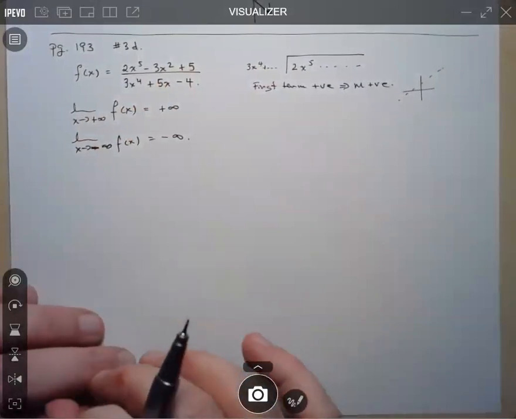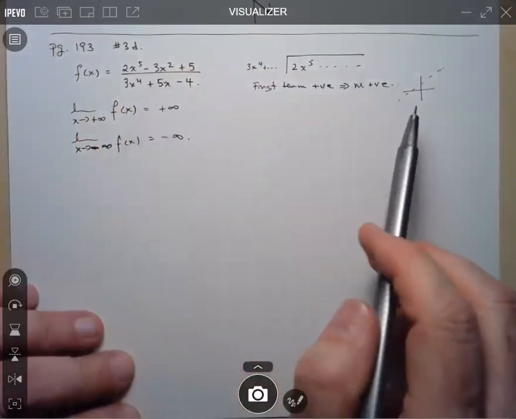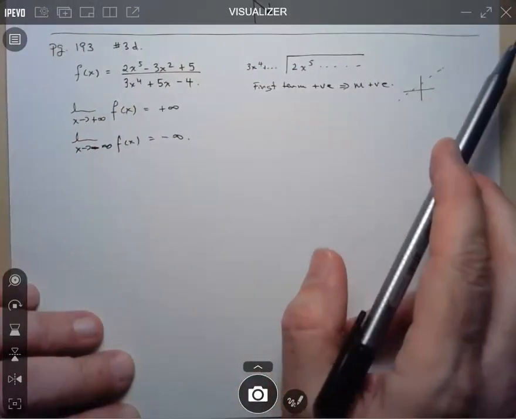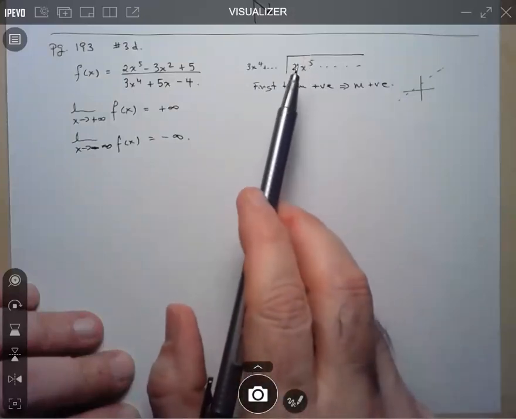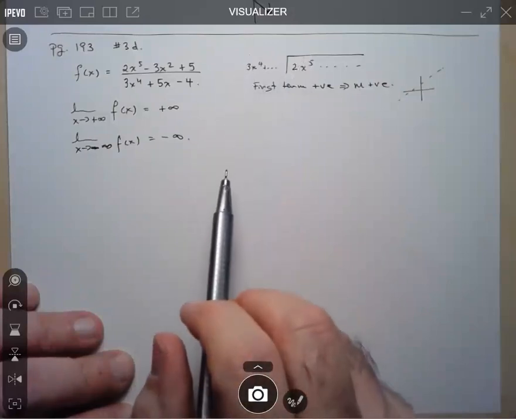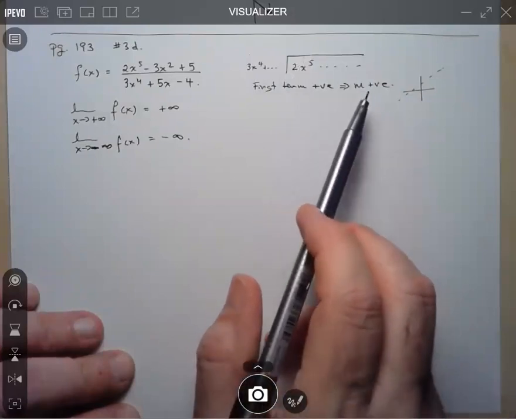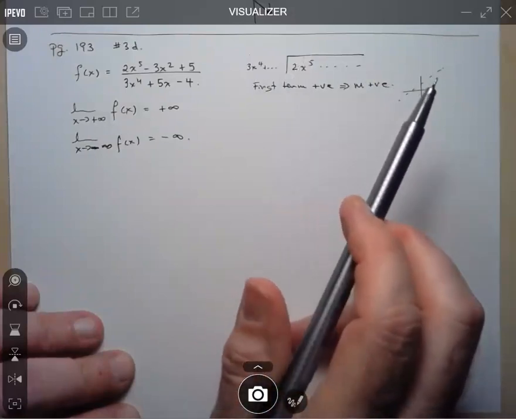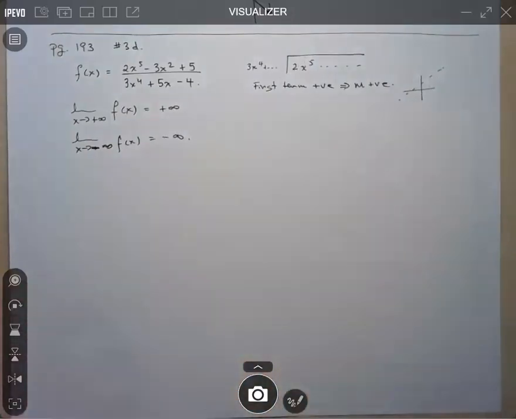So you see how here I focused in on only the thing that I needed to determine whether it was going to positive or negative infinity. And so all I needed was whether the first term in my division was going to be positive or negative. And in this case here, positive, meaning positive slope for my quotient, meaning this behavior. Any questions on how I was able to simplify the amount of algebra I had to actually do here?